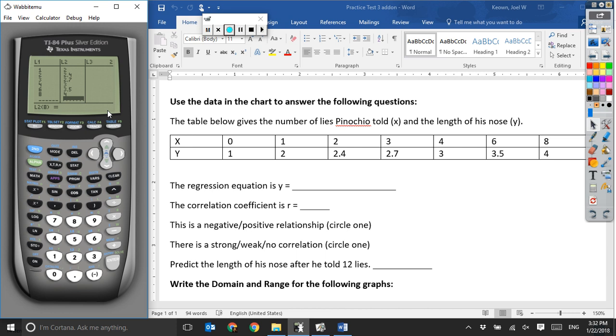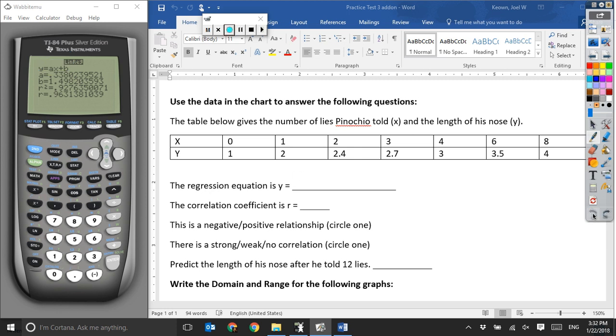Next, I'm going to hit the Stat button, right arrow over to Calc, and then go down to number 4, linear regression. Go down to Calculate, and I get that. So let's see what that does as far as my information and my questions. It says my linear equation is y equals, and up here I see that it actually tells me y equals.